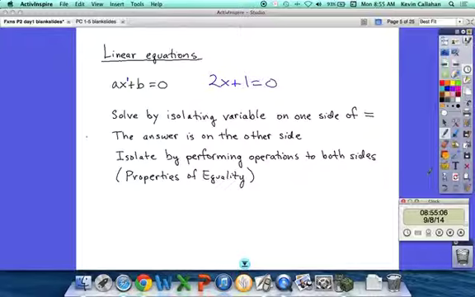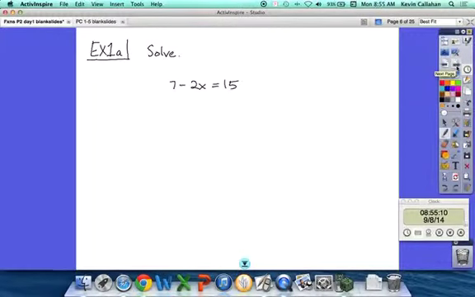Good. Katerina, you done? Okay. Guys, save it. Okay, solve. Here's a linear solve. What operations are we going to do to both sides? Subtract what? 7. Why subtract? Because that's a positive 7, right? The mistake I see most often with this kind of problem is because you don't see a sign in front of that, but you see a minus afterwards, you think you're going to add 7.